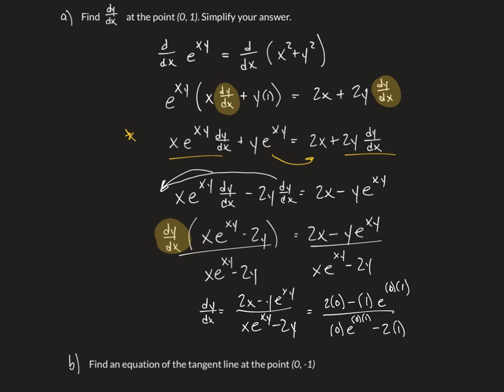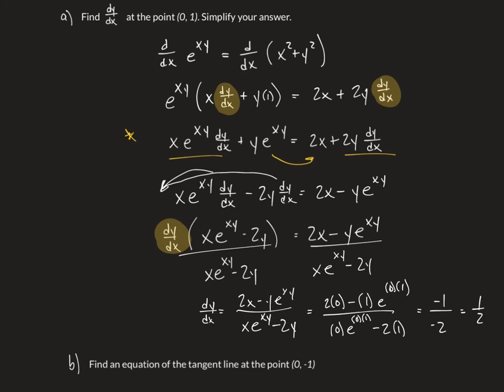And this comes together pretty easily here. You're going to end up with negative 1 over negative 2, or 1/2. So that is dy dx at this point.